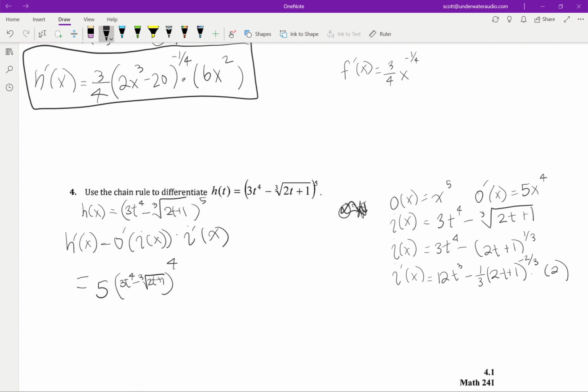Okay, so I've got the derivative of the outside, I plugged the inside in. Now I'm going to multiply by the derivative of the inside, which is 12t cubed minus 1/3 2t plus 1 to the negative 2/3 power times 2. No simplification necessary.